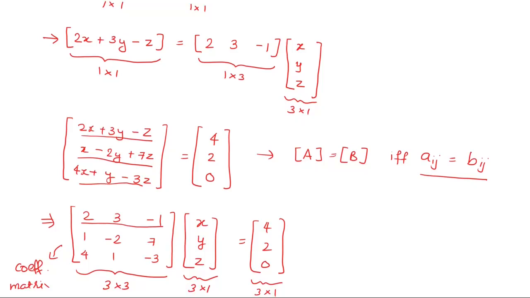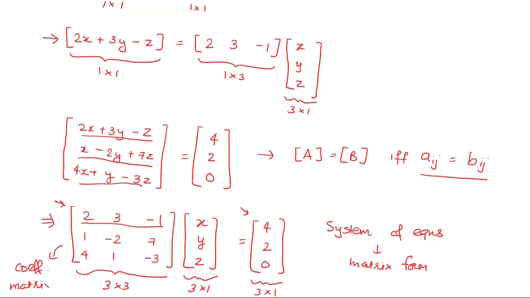Okay, so what we did here, we turned our system of equations into a matrix form. Once we have a matrix form, you can see that we have two matrices, coefficient matrix and our right hand side matrix, right?